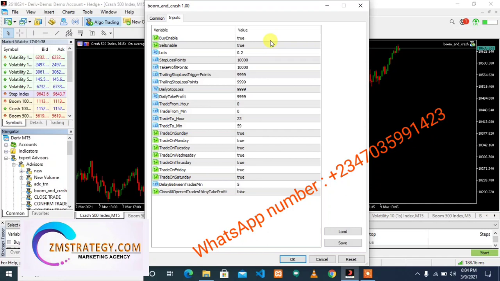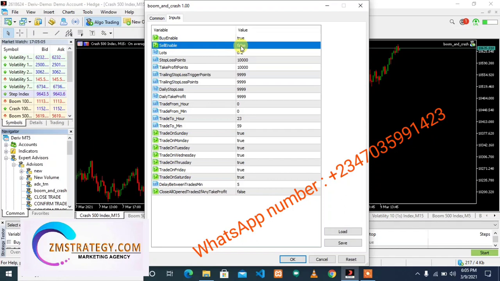If you are uploading the EA on your MT5 and you are uploading it on boom, either Boom 500 or Boom 1000, you are going to enable buy, then disable sell. You enable buy and disable sell if you are uploading it on boom, because ever since we have been trading the spike, and the spike looks more profitable than trading the opposite.